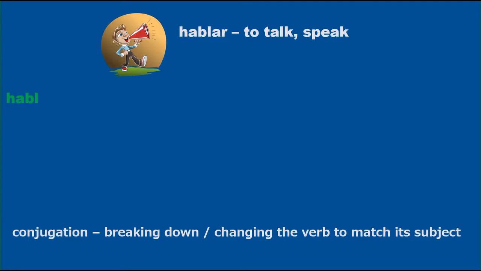So we will take the stem, HABL, and we will create a conjugation chart. A conjugation chart consists of subject pronouns plus the new conjugated form of the verb. For example, yo hablo. We have the stem HABL plus the new ending O.